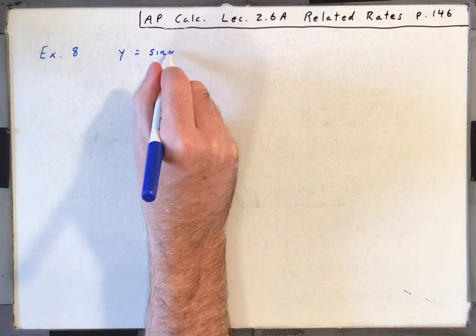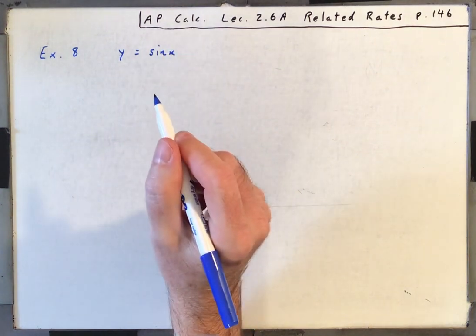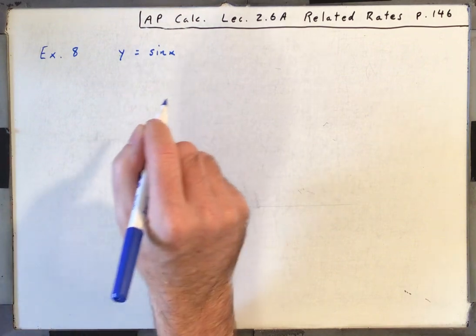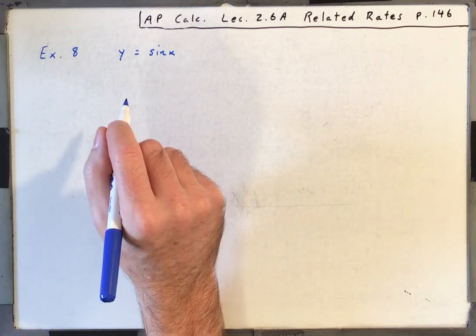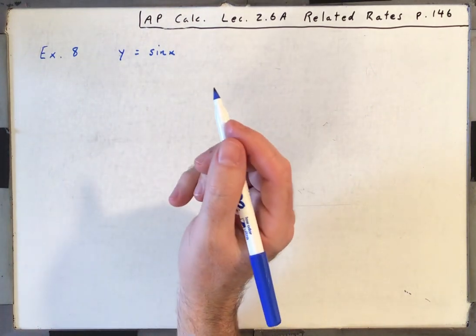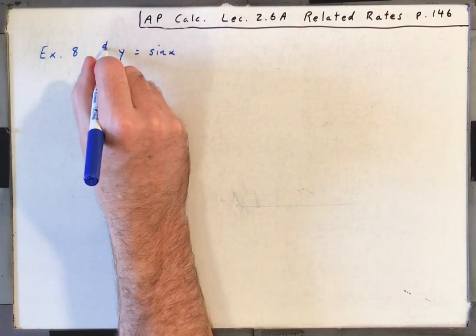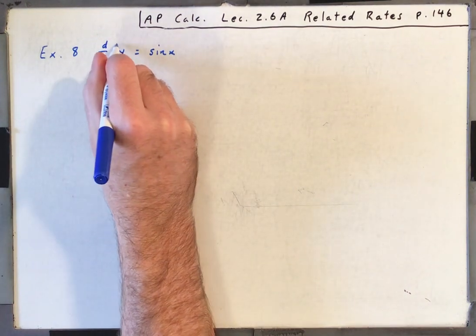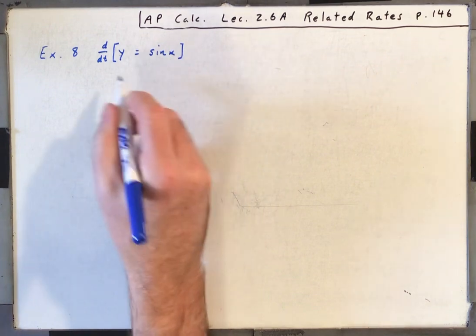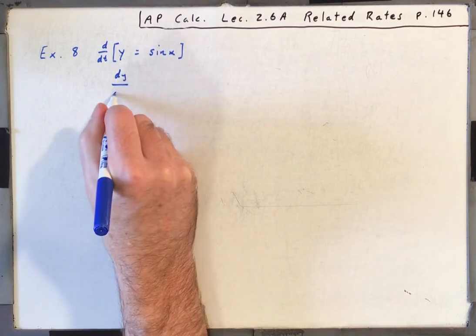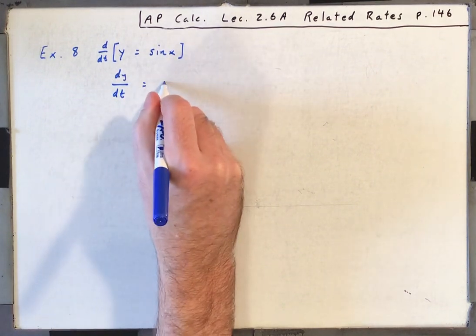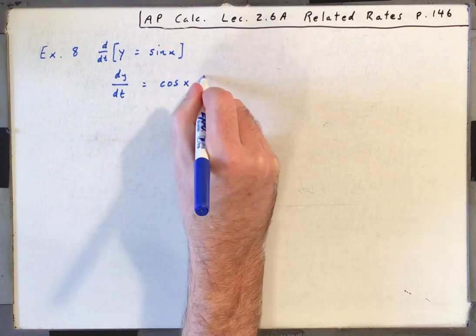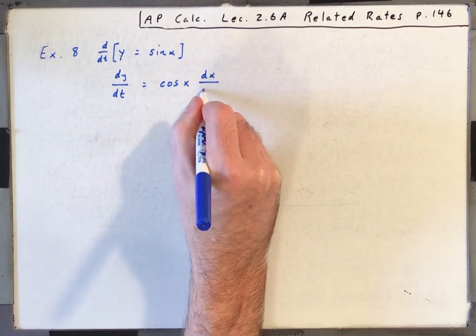I'm just going to work A and B. There's no reason to do all 4 parts in this example because it's just a matter of plugging things in. So we know we're going to have to differentiate this with respect to time. So dy/dt is equal to cosine x dx/dt.